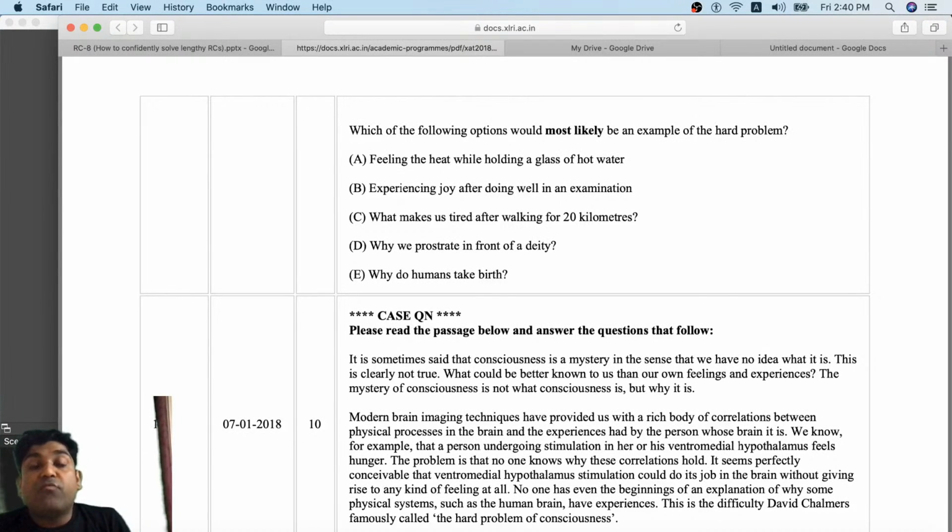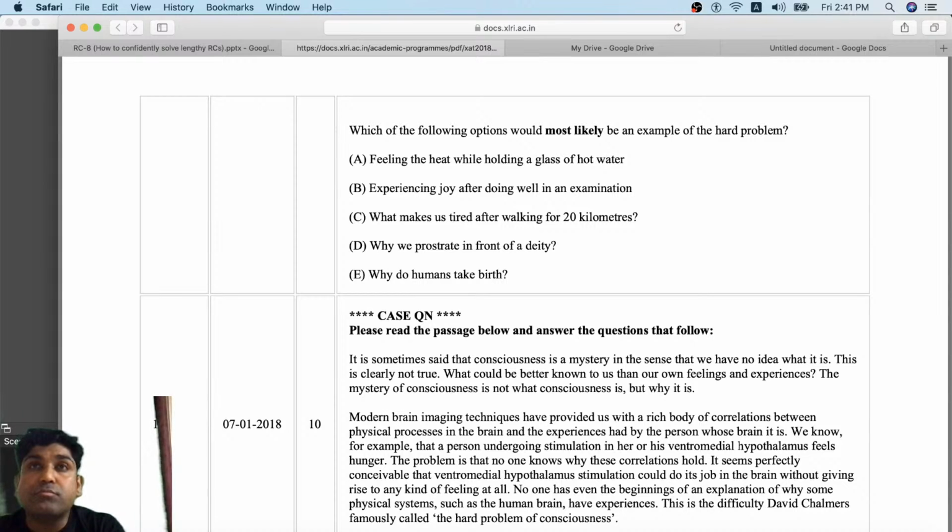Why do we pose in front of a deity? Now this is not really experience, just a human belief system related to something different. Why do humans take birth? This is a real problem, because we really don't know, we are not completely aware, for what reasons humans take birth.